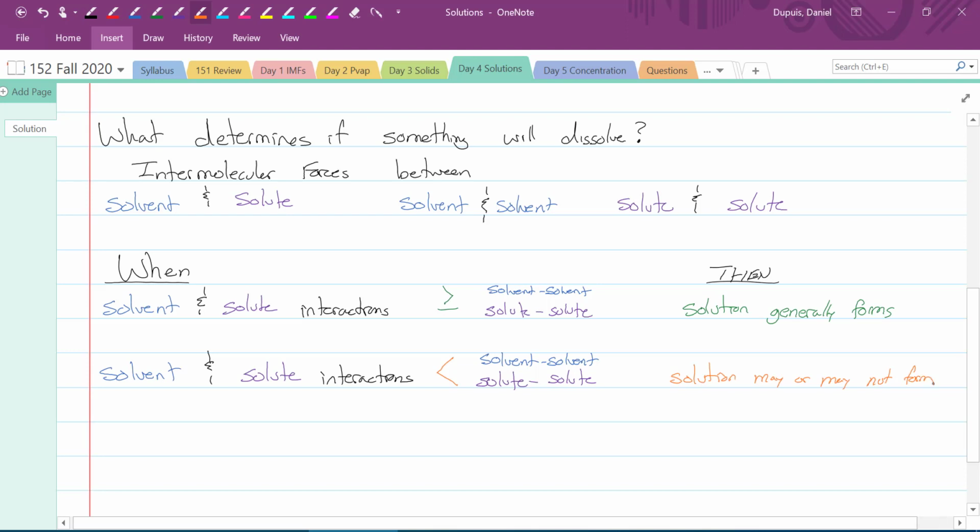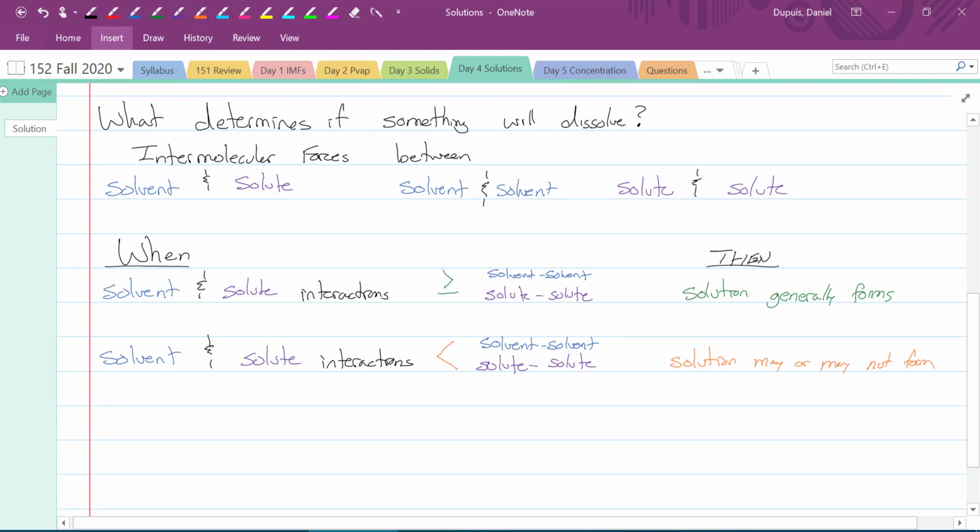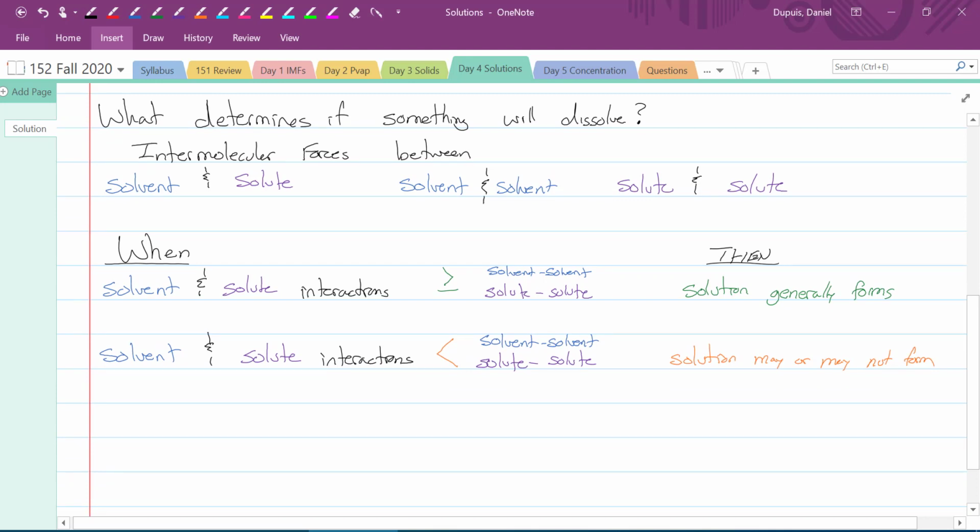Right? So your book leads into this and mentions entropy, which is coming much later. Because we're in day 4, that comes in like day, I want to say 24 maybe.